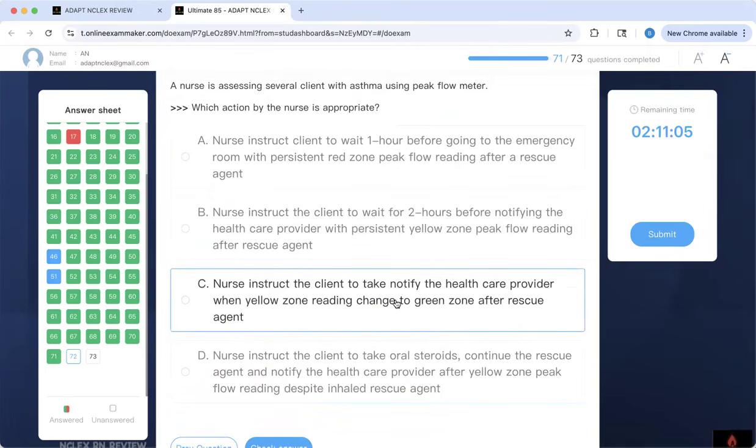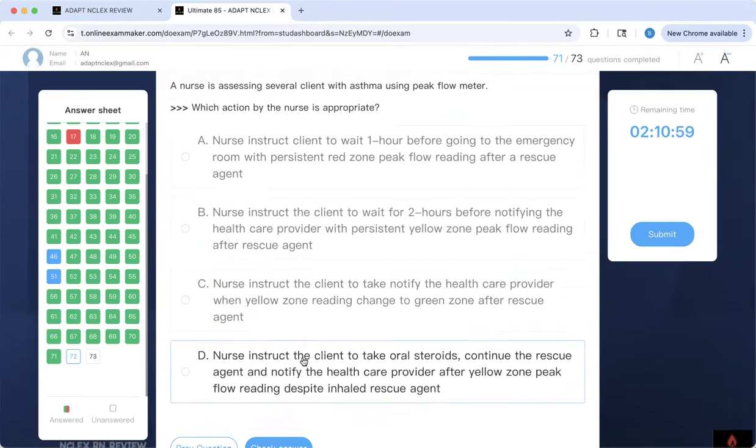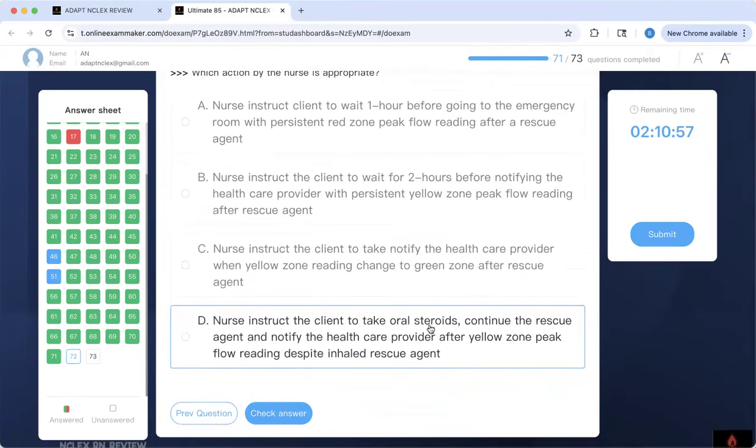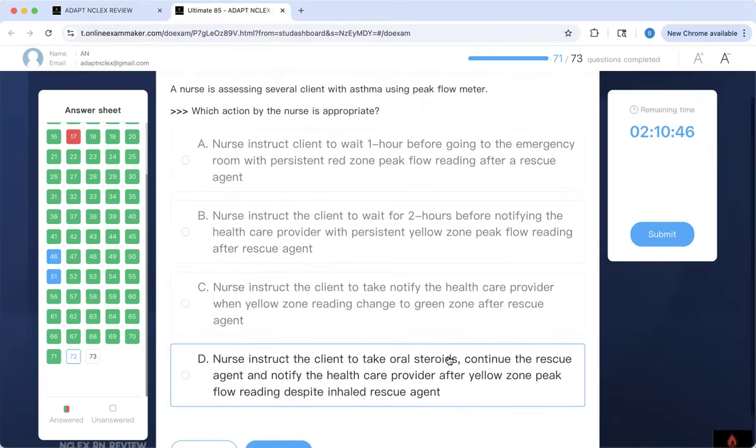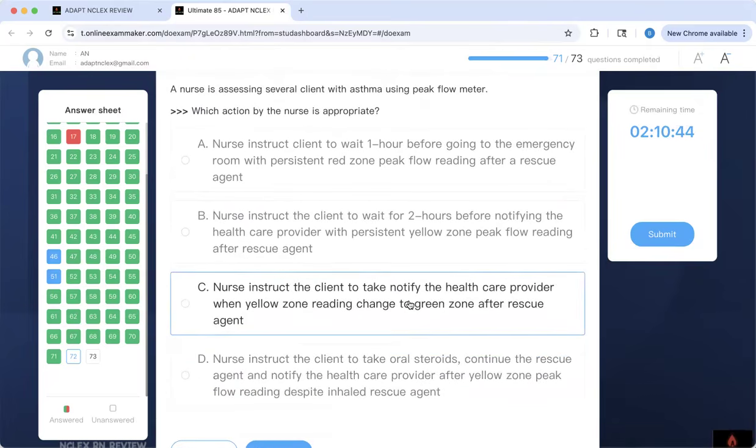Instruct the client to notify the healthcare provider when yellow zone reading changes to green after the rescue agent. Instruct the client to take oral steroid, continue the rescue agent, and notify the healthcare provider after yellow zone peak reading following inhaled rescue agent. A bunch of words. Why did I do that? To confuse you, because that's what the NCLEX will do.